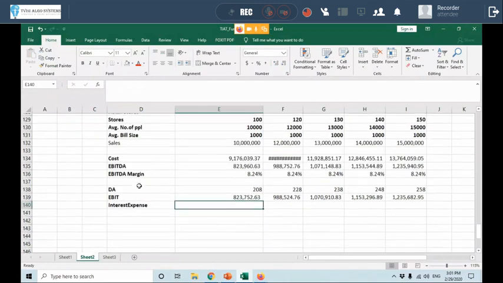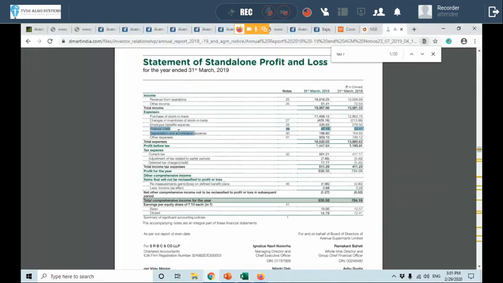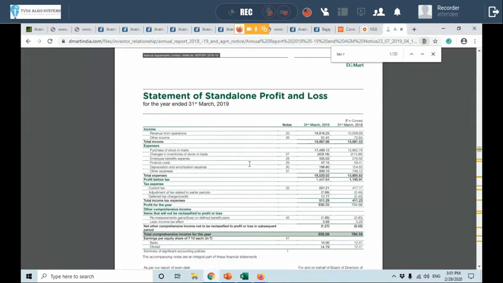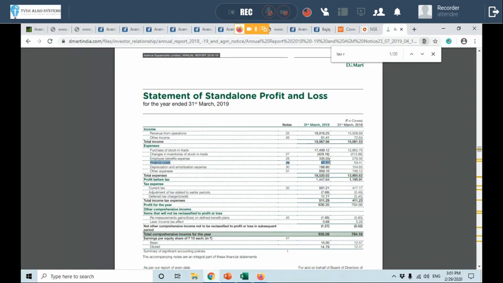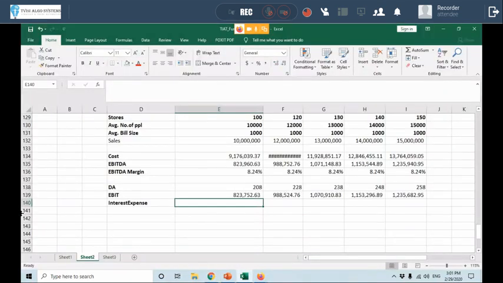So what is my interest expense? 47 crores. This is my interest expense. I assume this will stay constant.